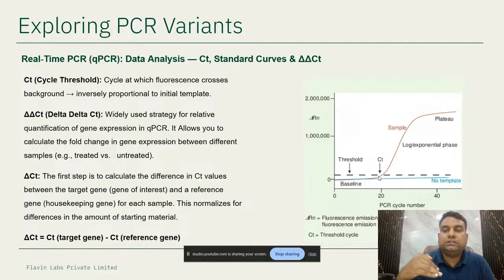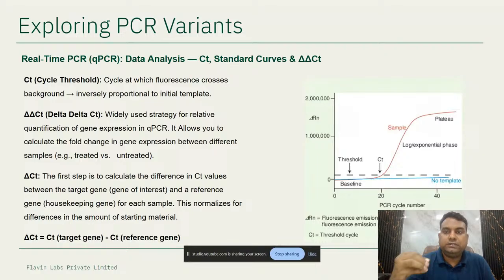Whatever is happening below this will not be considered as expression. Once your gene produces enough fluorescence that it crosses this threshold line, that means at that cycle your target gene crosses it. So this is denoted as CT.